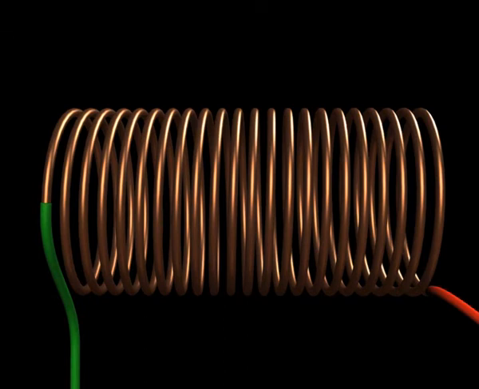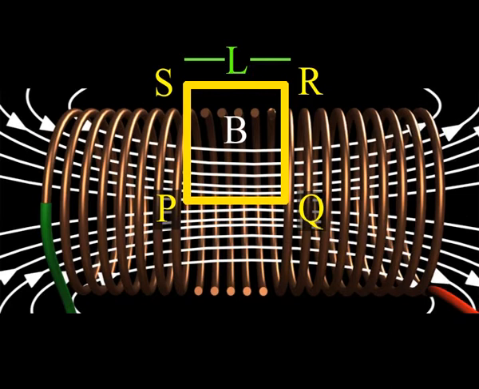Let us now calculate the magnetic field induction due to the solenoid. Let n be the number of turns per unit length of the solenoid and I be the current flowing through the solenoid, and the turns of the solenoid be closely packed. Imagine a rectangular Amperian loop PQRS near the middle of the solenoid where PQ is equal to L. Let the magnetic field along the path PQ be B and 0 along RS.